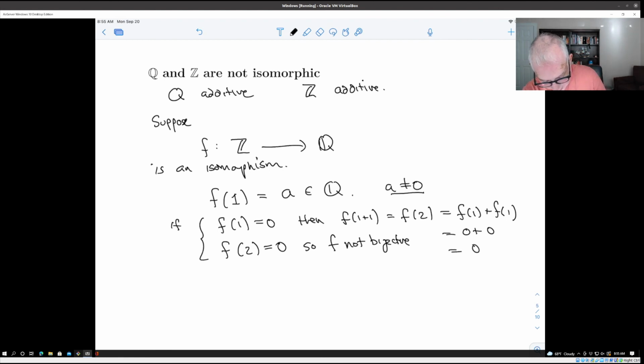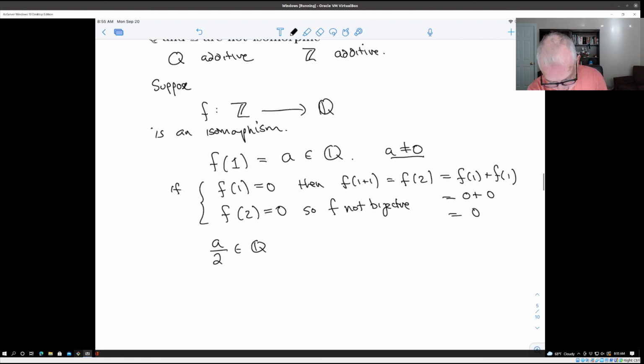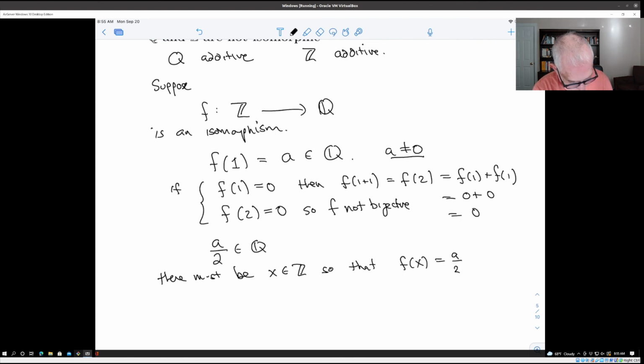But then we know that a over 2 belongs to the rational numbers Q. And because f is bijective, that's an assumption, there must be an x in Z so that f of x equals a over 2, because the map is surjective.